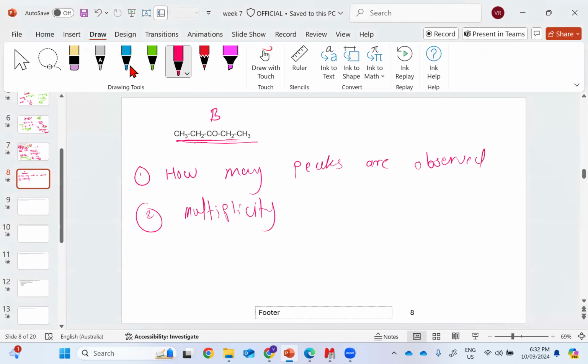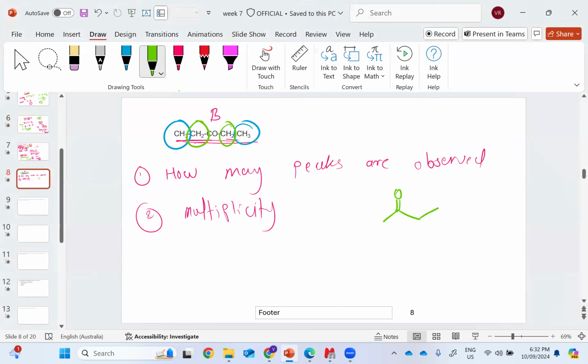So if you look at this, there will be a methyl group, CH3, and one CH2. And on the other side, again similar groups are attached, CH3, and in between the CH2. So I will just split the structure of this one.